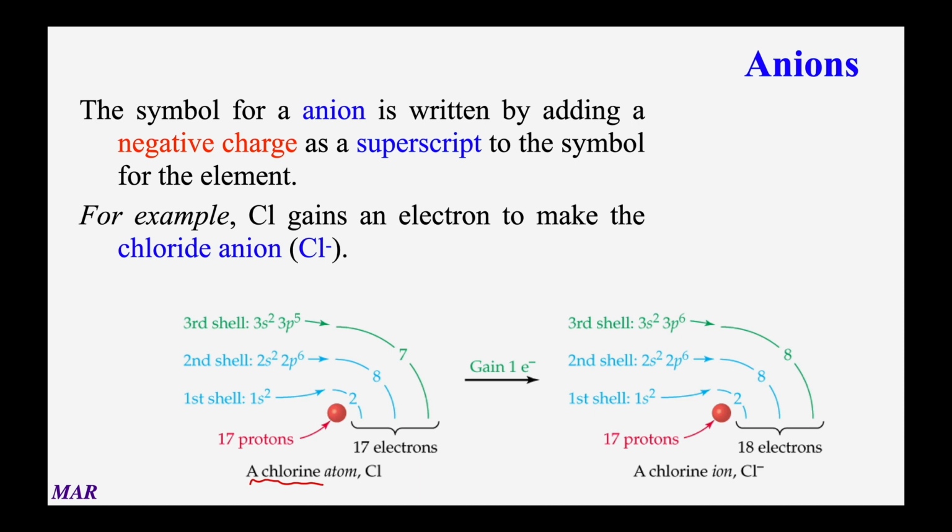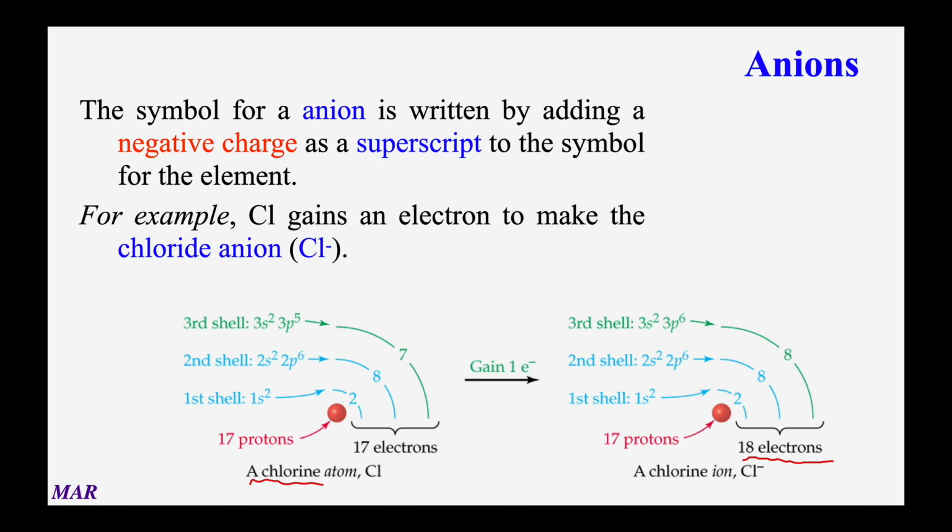However, chlorine likes to gain 1 electron, and when it does, now it has 18 electrons, more electrons than there are protons. So that extra negative 1 electron is going to give that a negative charge.